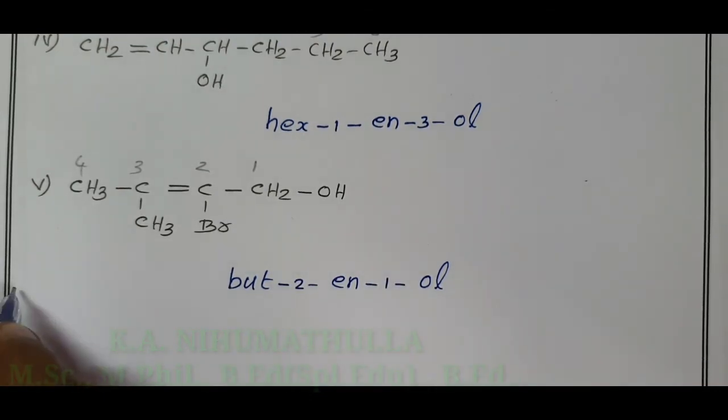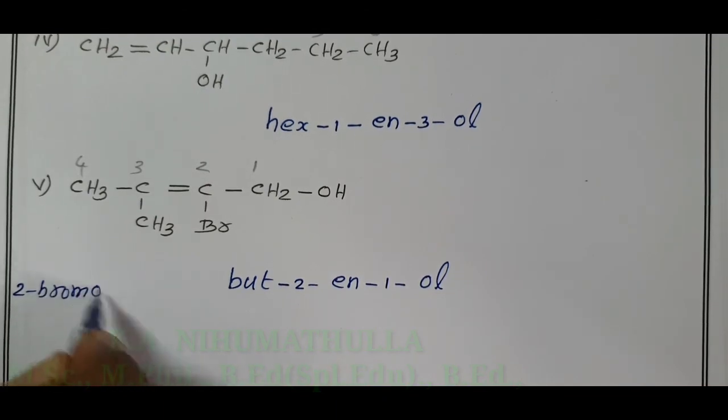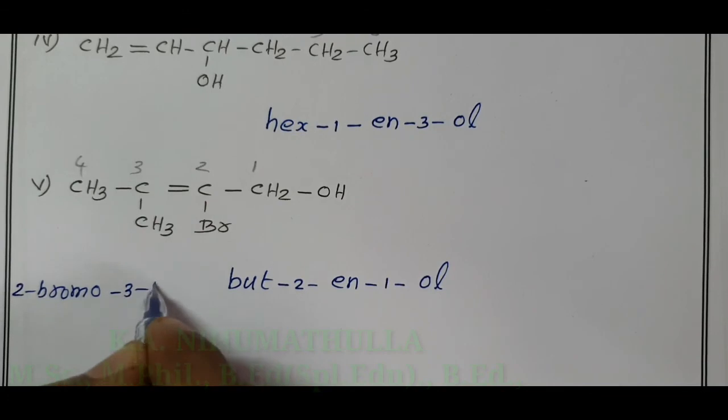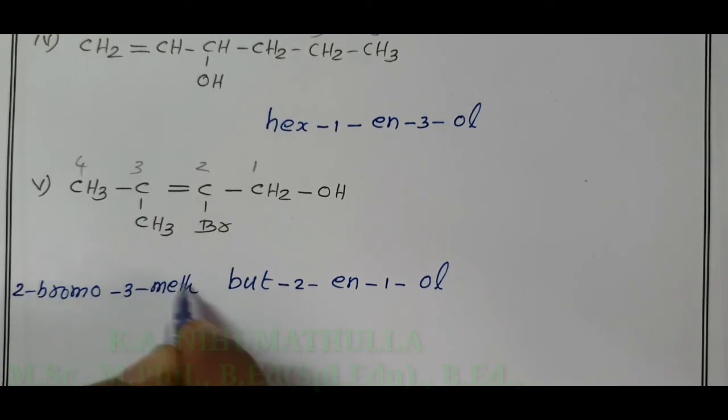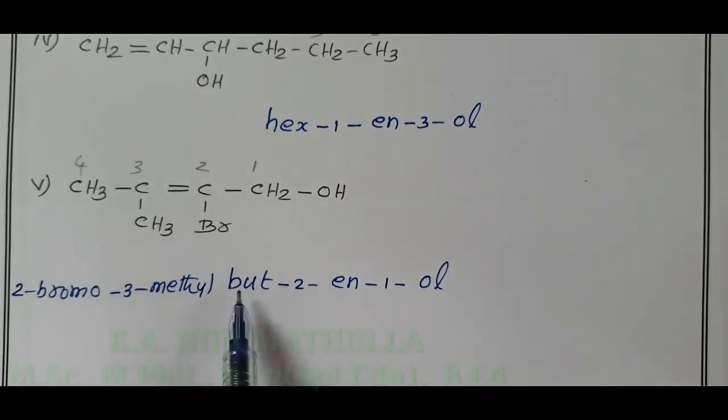The second carbon contains 1 bromo, and the third carbon has 1 methyl. So what is the IUPAC name? 2-bromo, 3-methyl, but-2-en-1-ol.